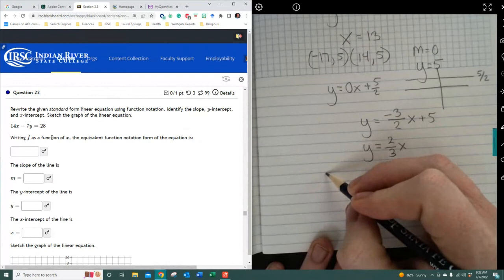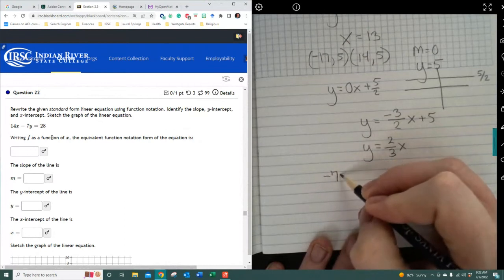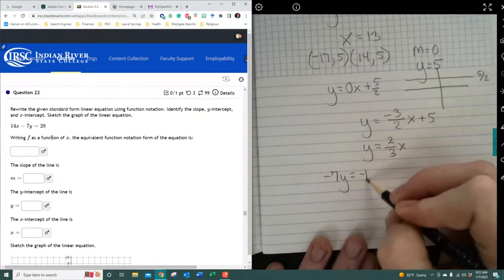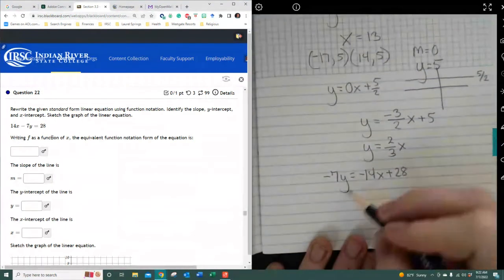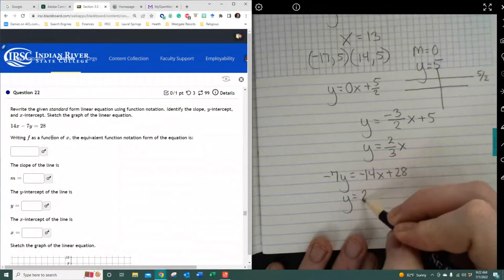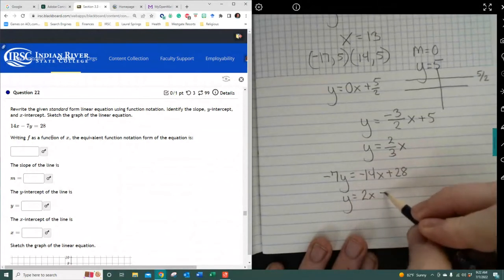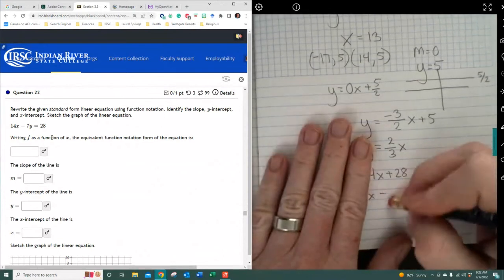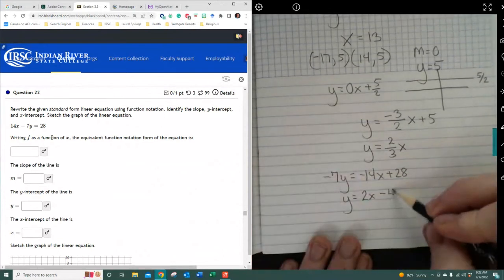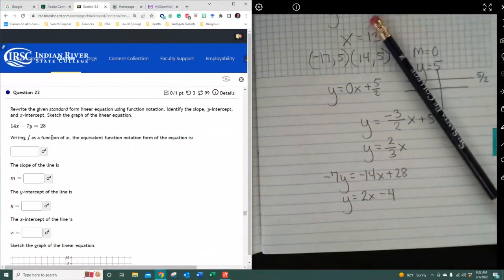So in order to do that, we just bring over the 14 and then divide both sides by -7. So then we have that.